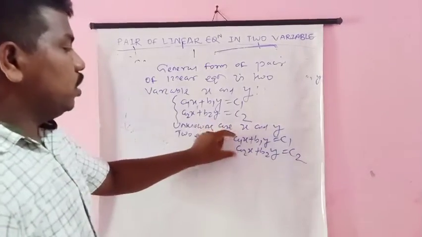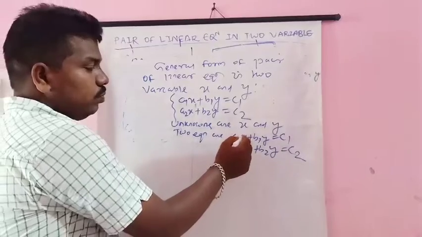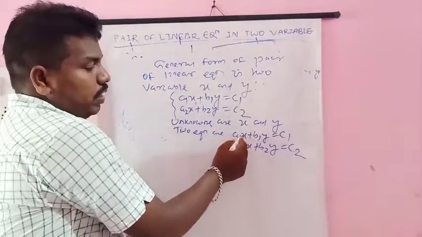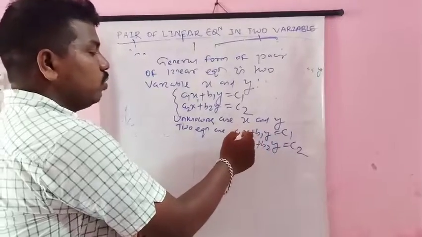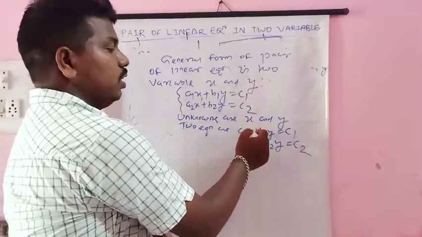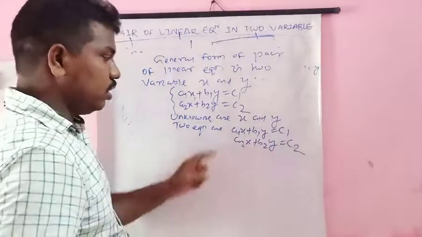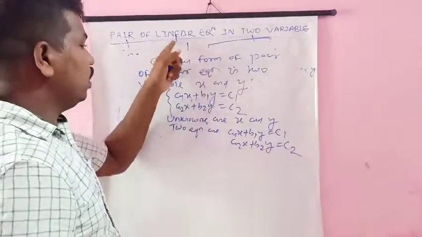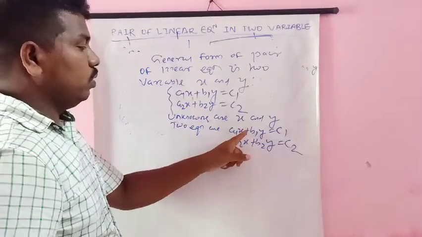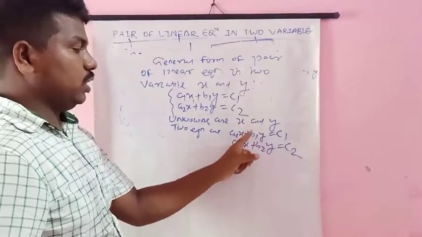These two equations are known as a pair of linear equations. Linear means the degree of variables x and y is 1. Equation means it has a left hand side and a right hand side with an equal sign. Clear? So pair means two equations, linear means the degree of the variables is 1, and two variables means the variables are x and y.